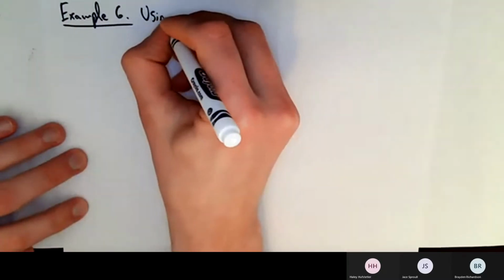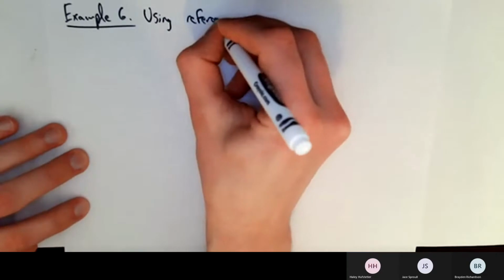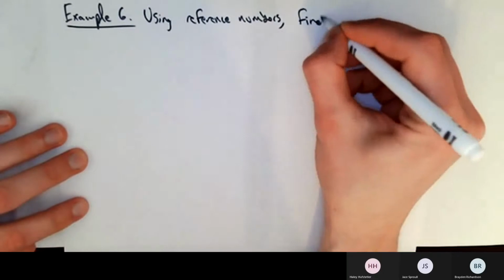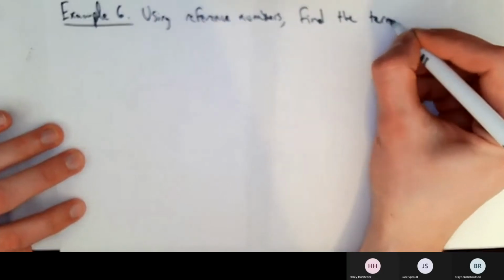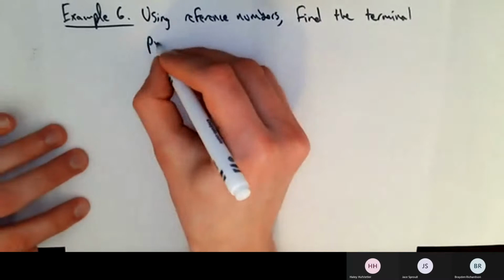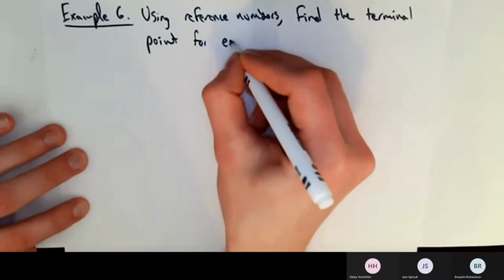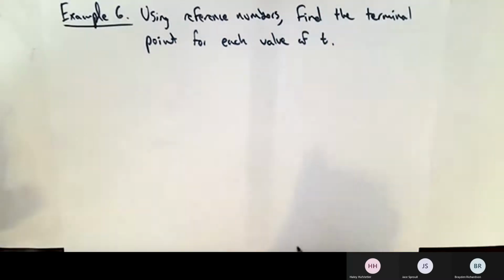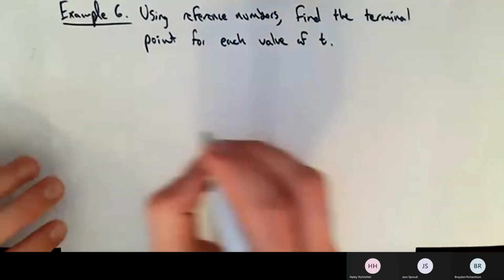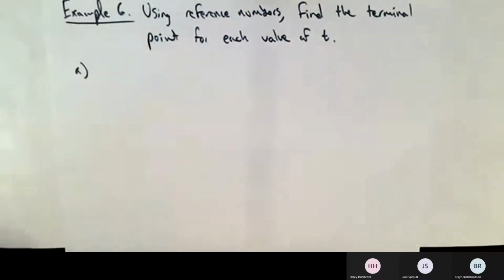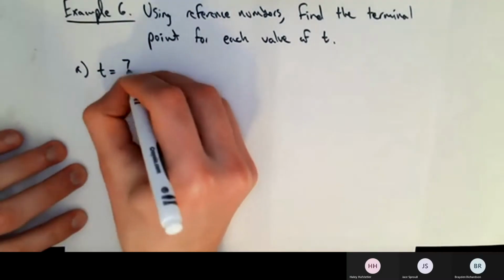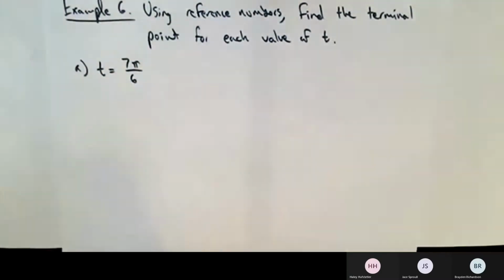So using reference numbers, find the terminal point, which is P of xy, for each value of t. Let's say t is equal to 7 pi on 6. We already know this one, but what does this look like if we do it by reference numbers?